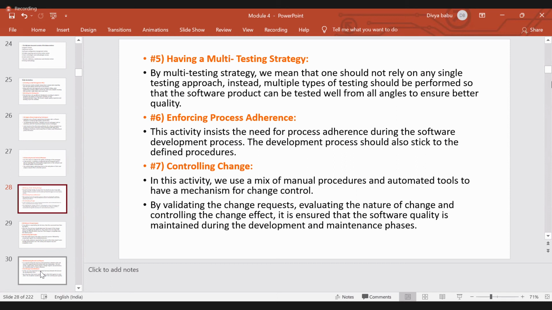Actually, a change of requirements you can control, but can you change? How can you control the changes? How can you control it?